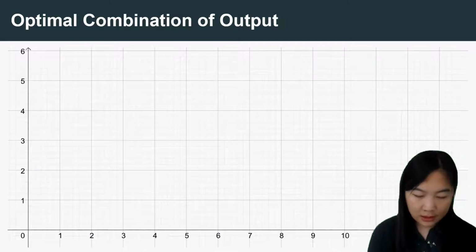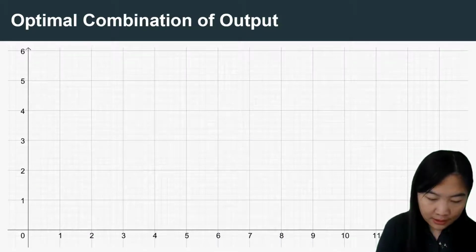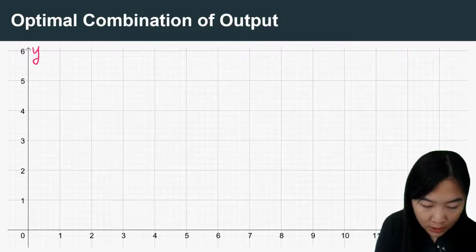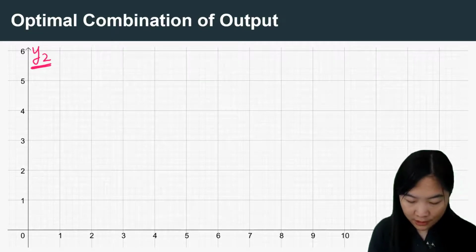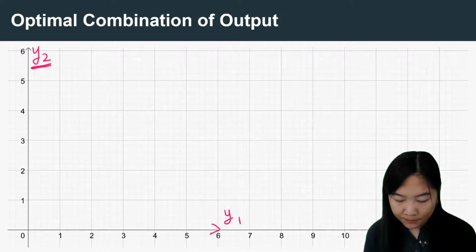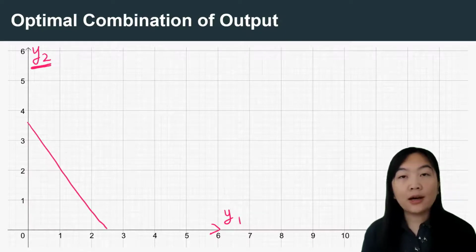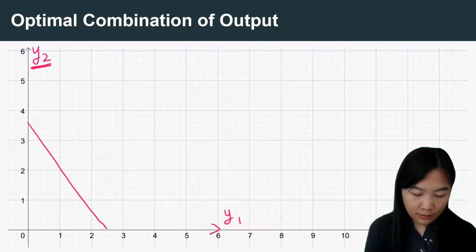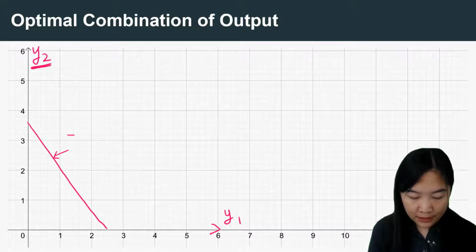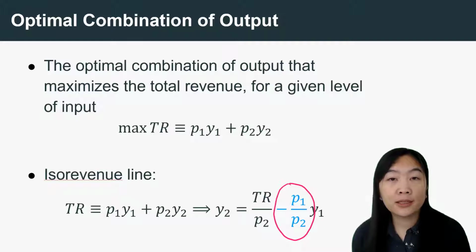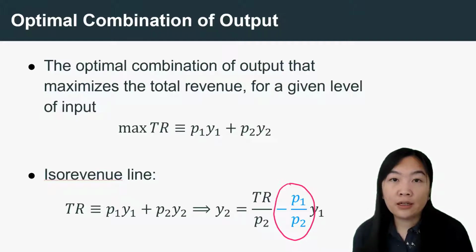And I think I did something wrong last time. If the slope is minus P1 over P2, then Y2 should be on the vertical axis and Y1 should be on the horizontal axis. So if you draw the iso-revenue line, the slope of this iso-revenue line is minus P1 over P2.